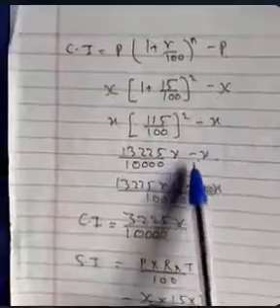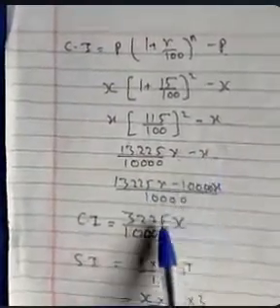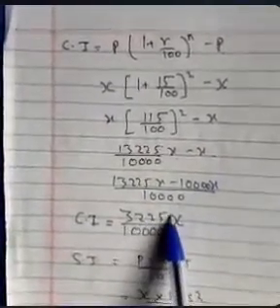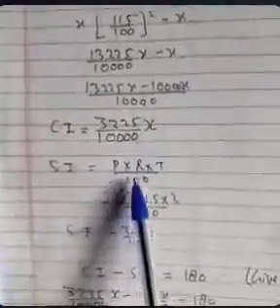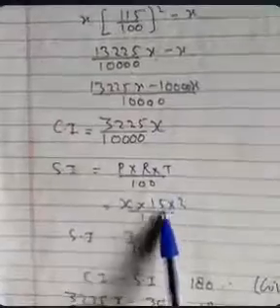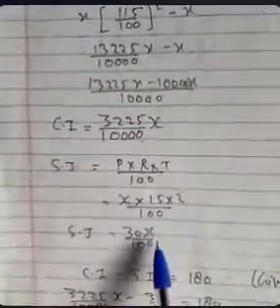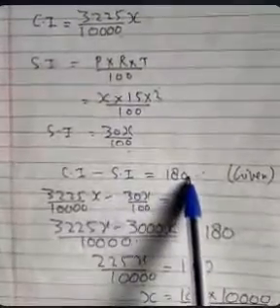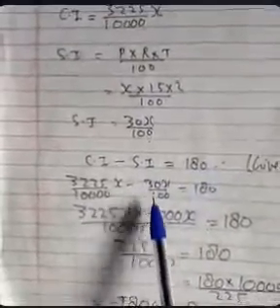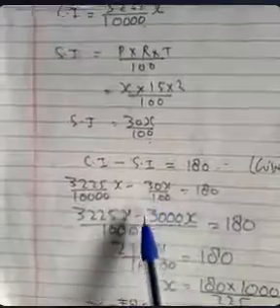Look here. Now taking the LCM, compound interest is equal to 3225 upon 10,000 X. Now SI is equal to PRT upon 100. Putting the values, 15 into 2 is 30X upon 100. Compound interest minus simple interest is equal to 180. Taking the LCM, the LCM is 10,000.